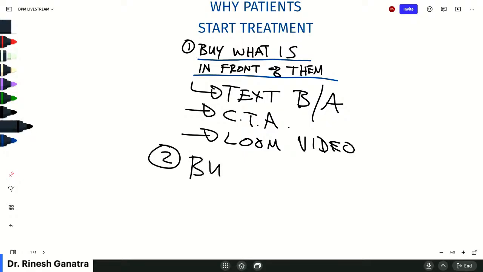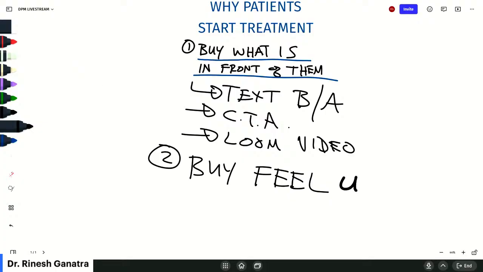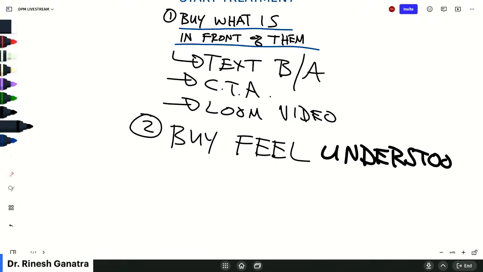They buy when they feel understood. And this is key because most people don't aim for that. What do most doctors do?